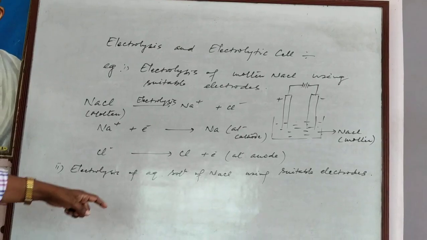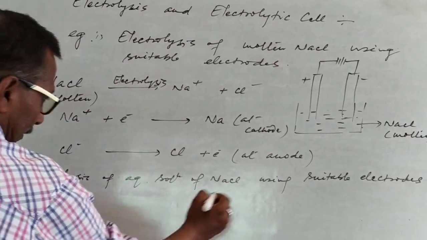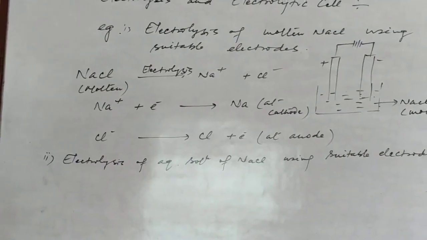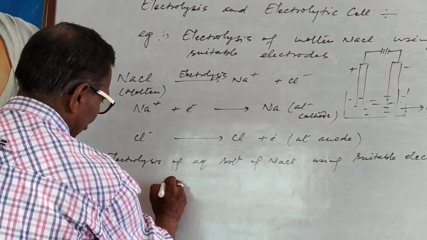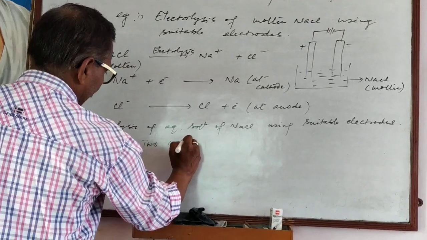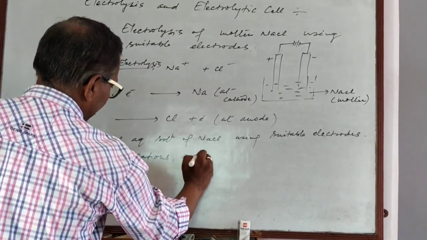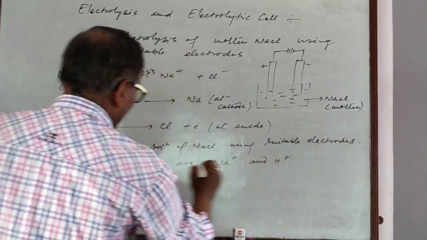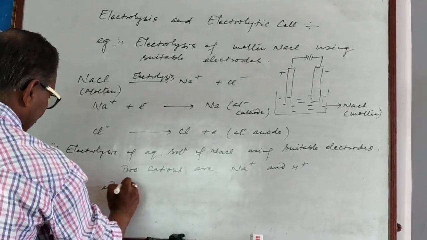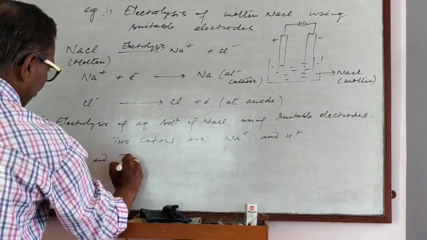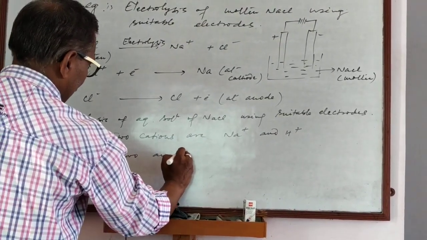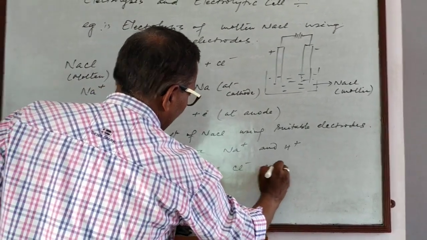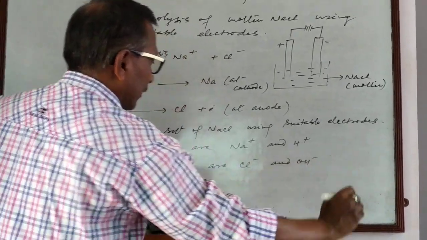Now here the solution contains two different cations and two different anions. Two cations are Na+ and H+, and two anions are Cl- and OH-.